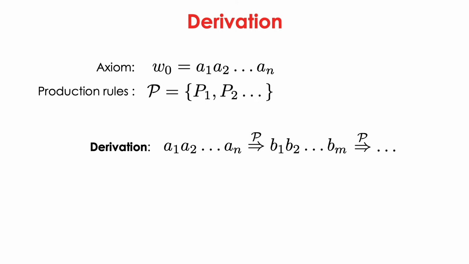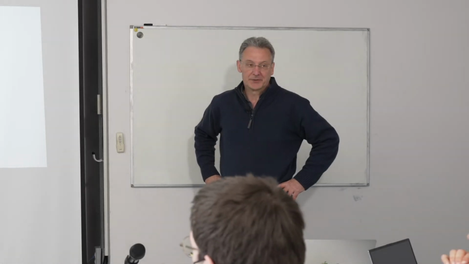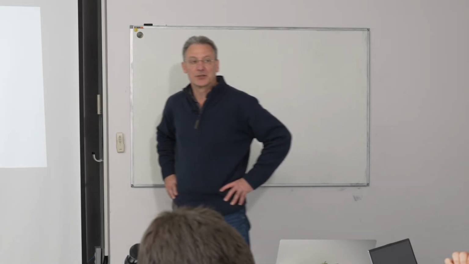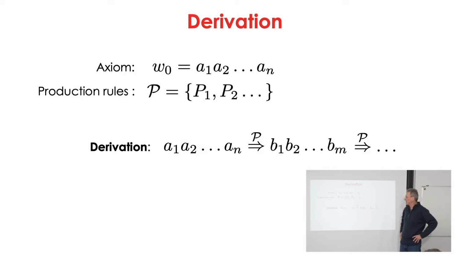Now, there is an important notion, that is the notion of derivation. It's not exactly the notion of derivation that we have in mathematics on continuous spaces, because here we are in discrete spaces, so it would be difficult to define an equivalent notion, because I cannot make a variable tend towards another.